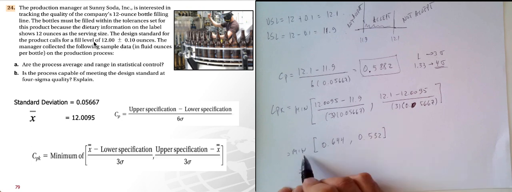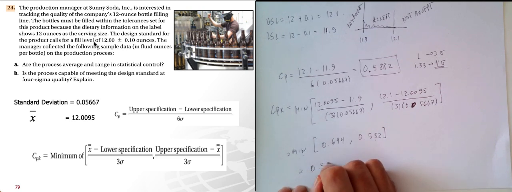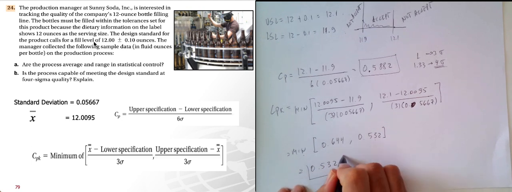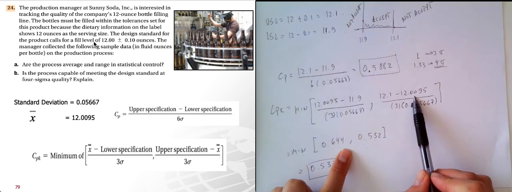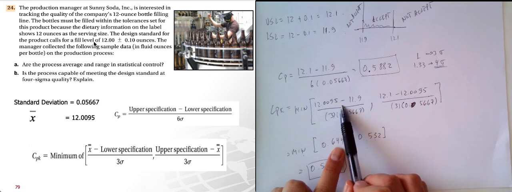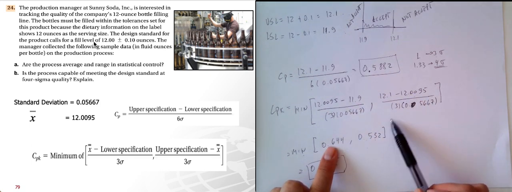So the question is, is it mean centered or not? So the minimum value is 0.532. That's the Cpk, right? Is it mean centered, yes or no? No, it is not, because those numbers are different from each other. So the distance between X bar and lower is higher than the distance between X bar and upper.